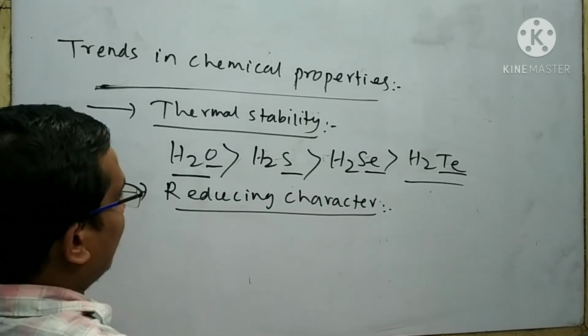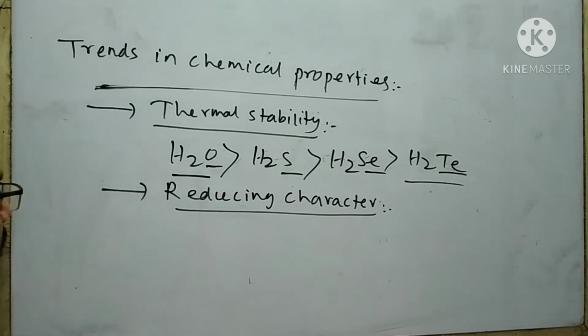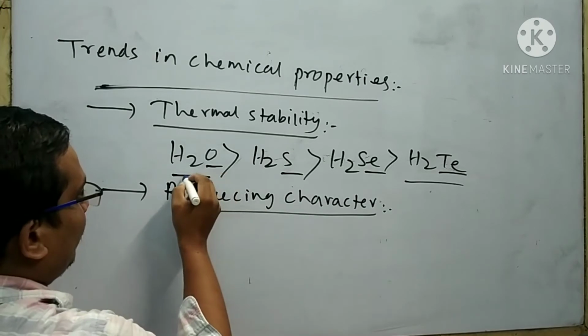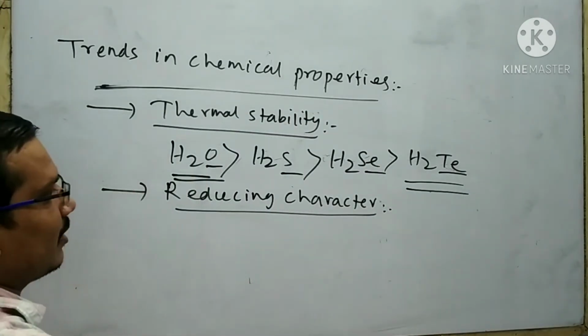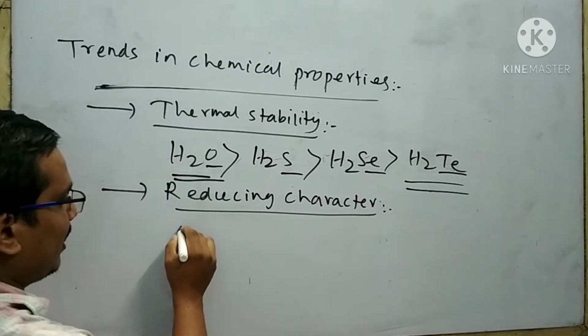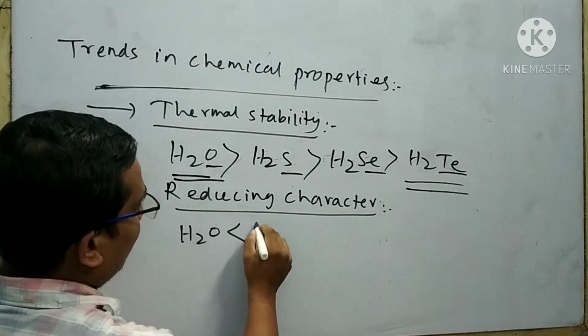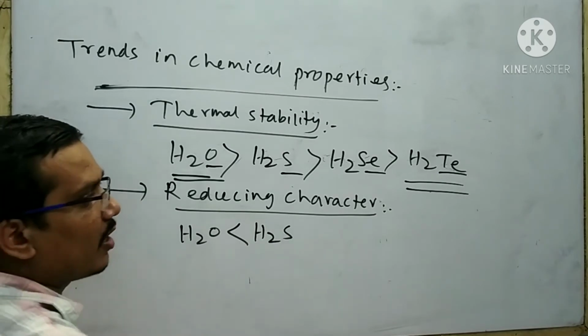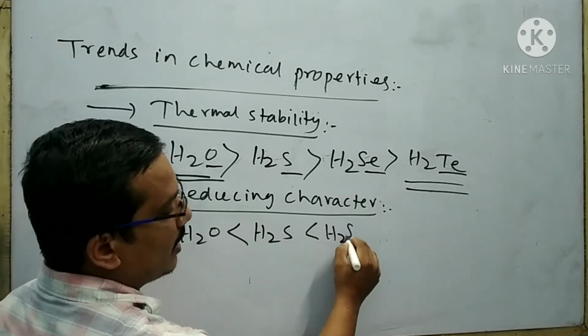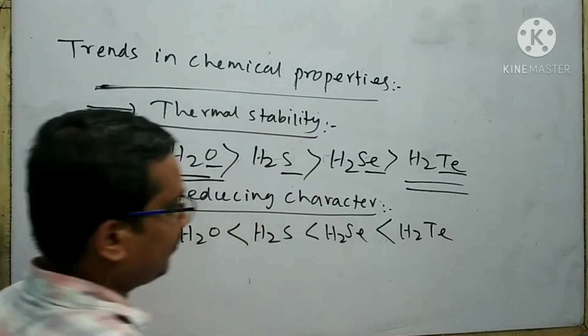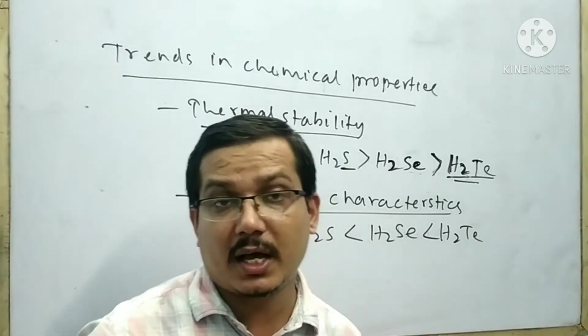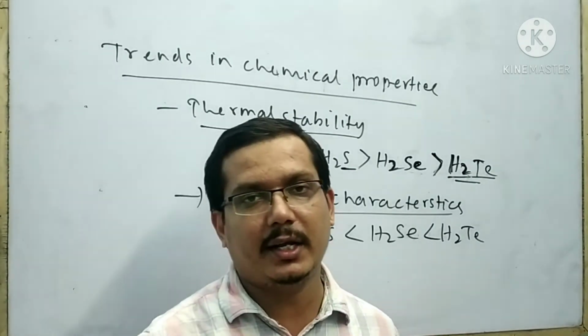That's why the reducing character increases from H2O to H2Te. So I can write the order like this: H2O is less than H2S, less than H2Se, less than H2Te. This is all about the characteristics of hydrides.